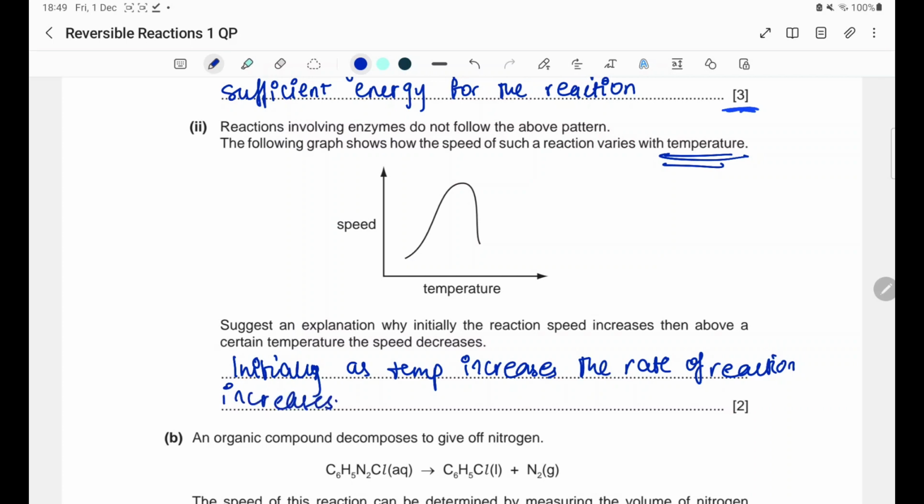However, if you remember, I told you that they have a very specific working temperature. So after a certain temperature over here, the enzymes are denatured. They are destroyed.